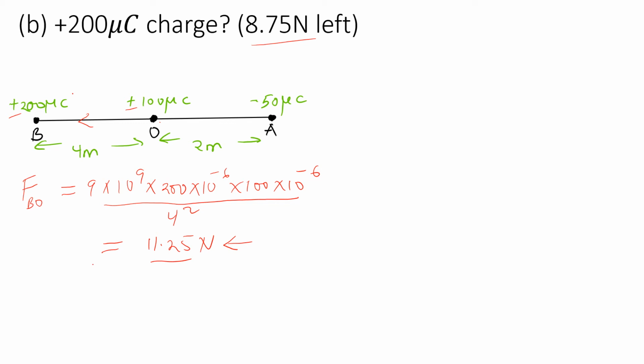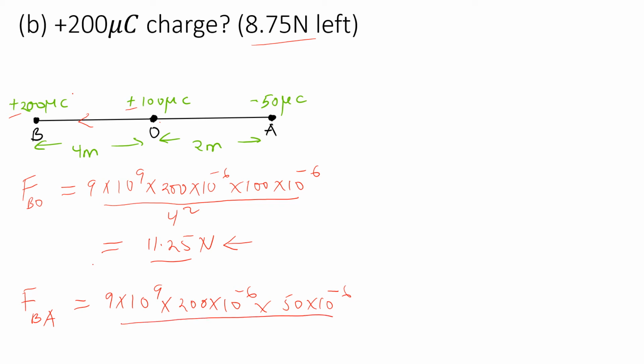Let's also deal with F on B due to A. F on B due to A is going to be 9 times 10 to the power 9 multiplied by B, which is 200 times 10 to the power negative 6, and then A, which is 50 times 10 to the power negative 6, also divided by the distance between B and A, which is 4 plus 2, squared.